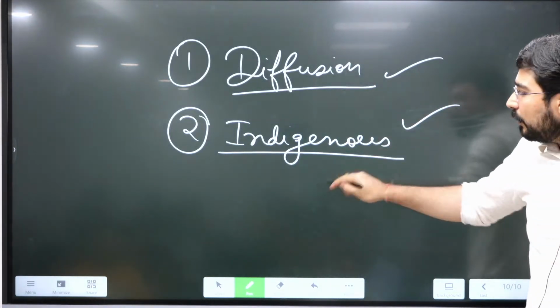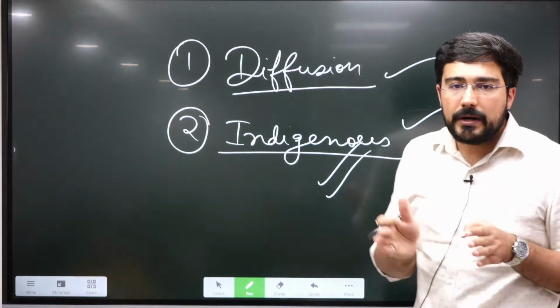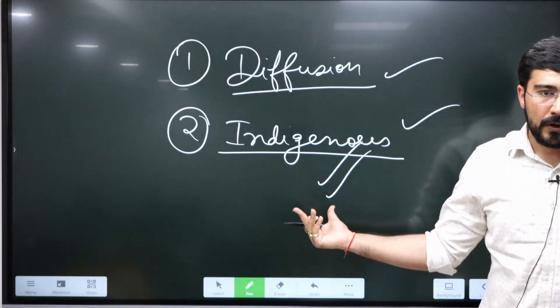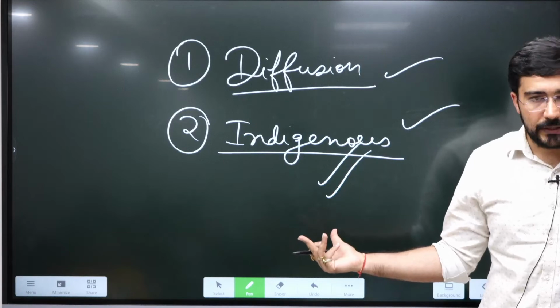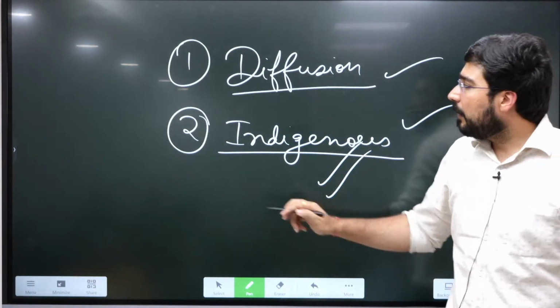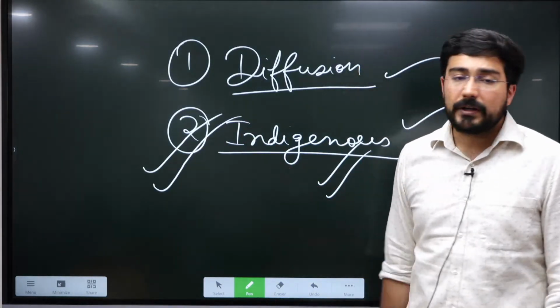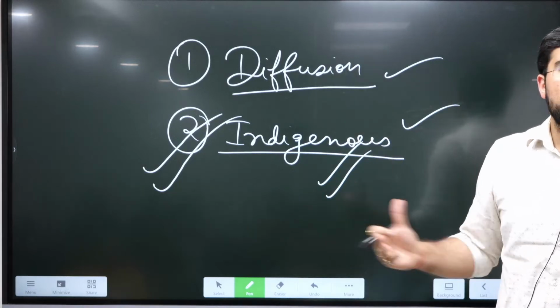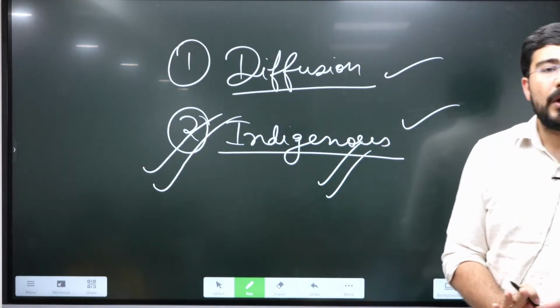When we say that no, this is an independent development, we say it is indigenous. So there are various theories, diffusion or indigenous, but largely we consider all these areas to have indigenous agricultural centers. This is something you have to remember.